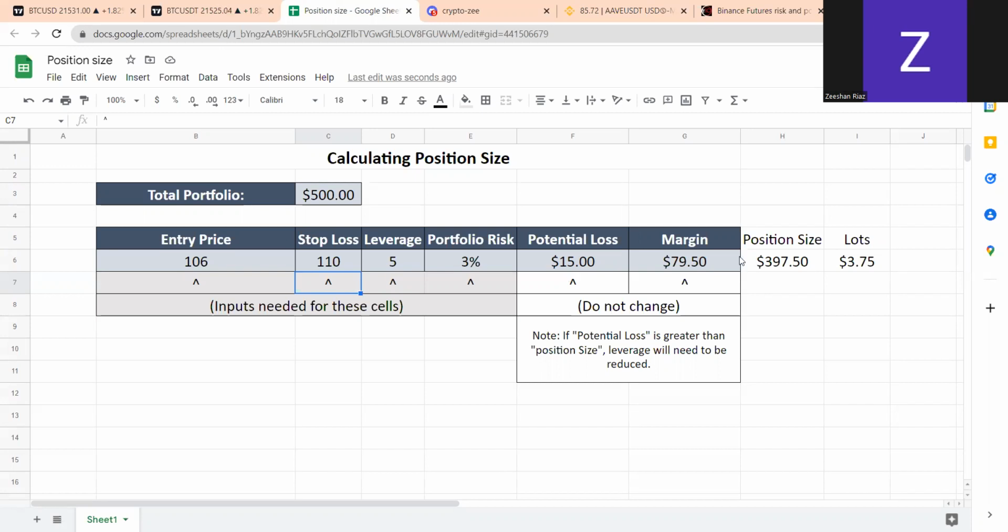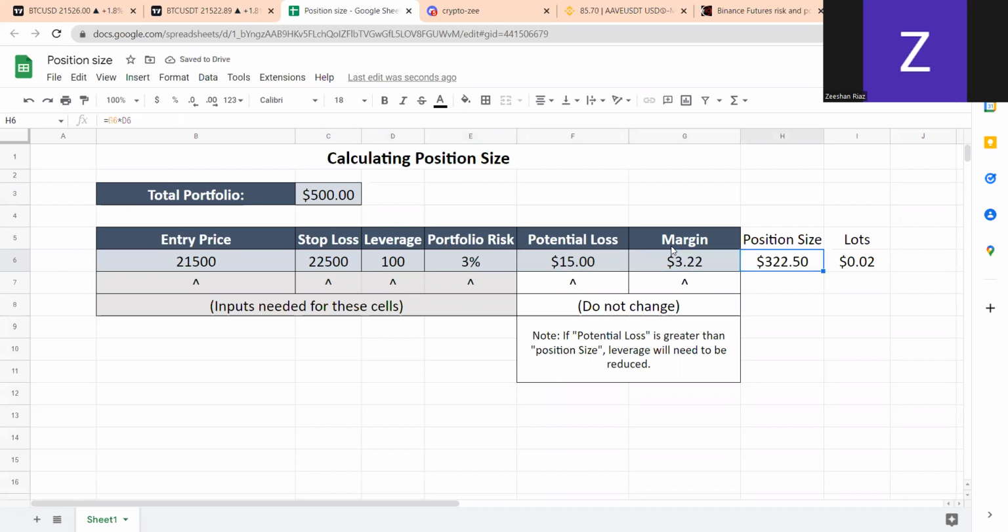So you can understand this sheet is perfect. You just need to put in the numbers. If I give you a short, let's say short BTC at 21,500, which I am doing, but let's not talk about that. Let's say stop loss is 22,500, and your leverage is, let's say, 100x, which I usually use with BTC.